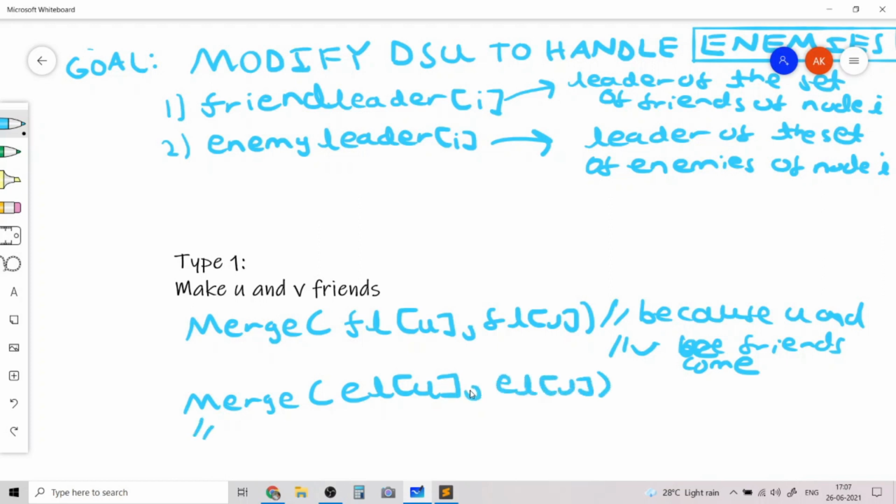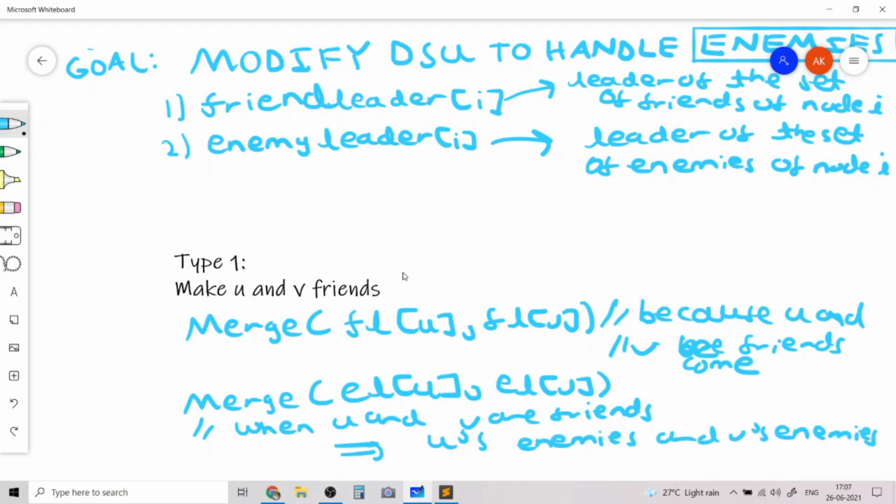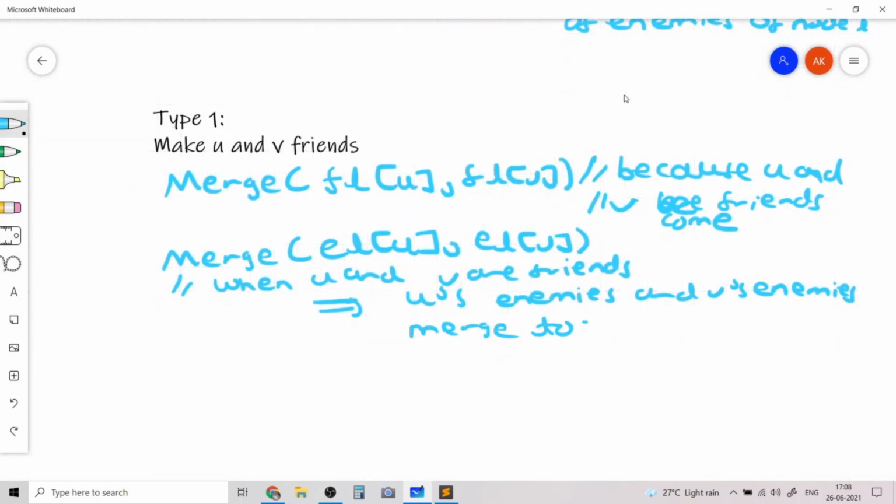And the reason why this happens is because when U and V become friends, this means that U's enemies and V's enemies merge together, and this should also be intuitive to understand.